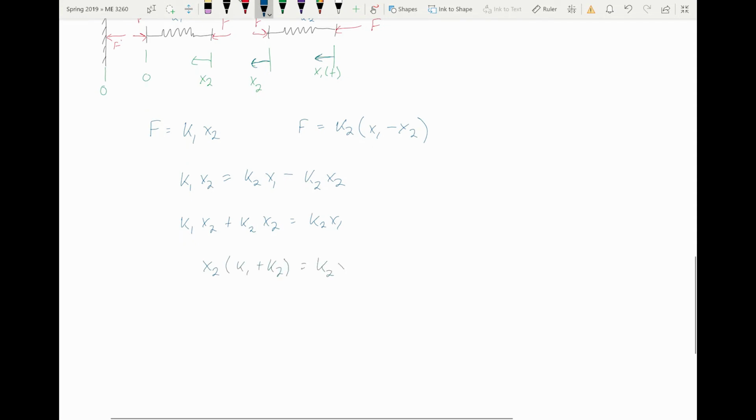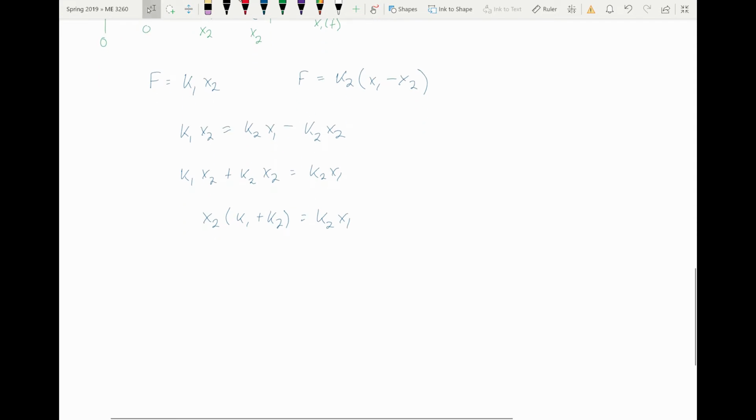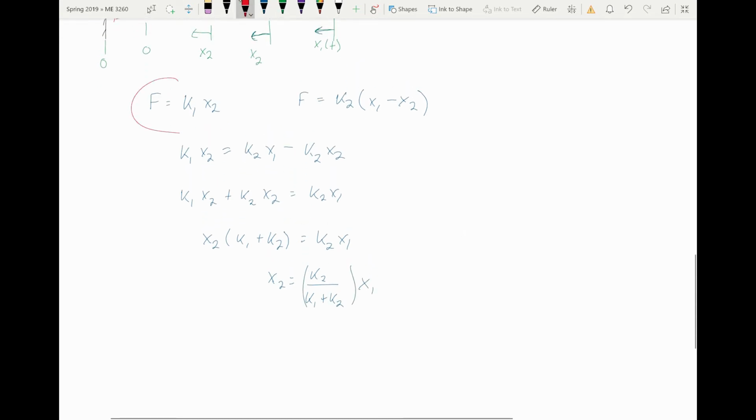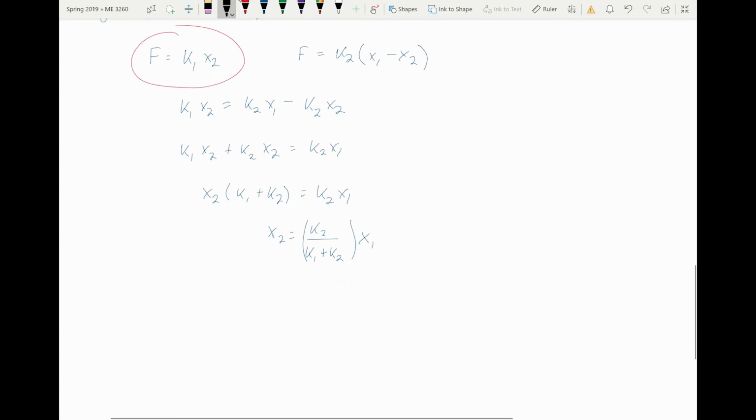And if we pull X2 out, we have X2 times K1 plus K2 equals K2 X1. We want to divide K1 plus K2 over to the right, so we get X2 equals K2 divided by K1 plus K2 multiplied by X1.